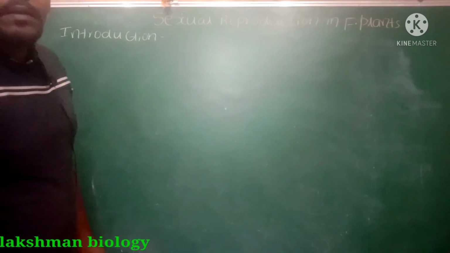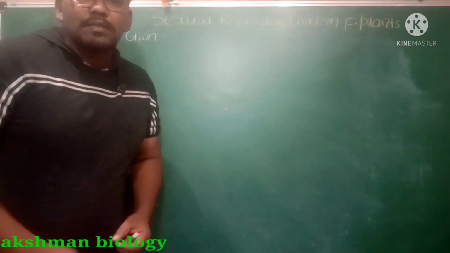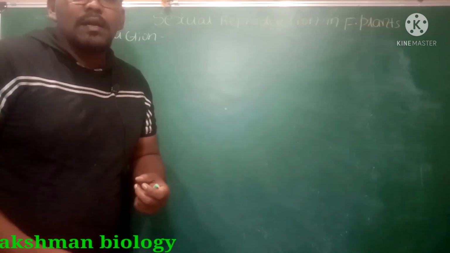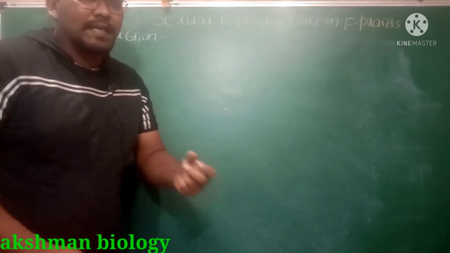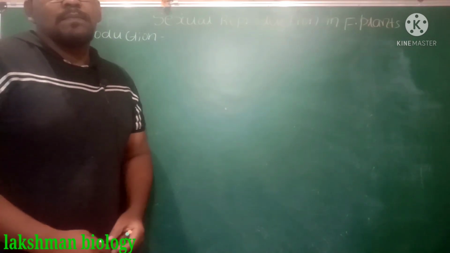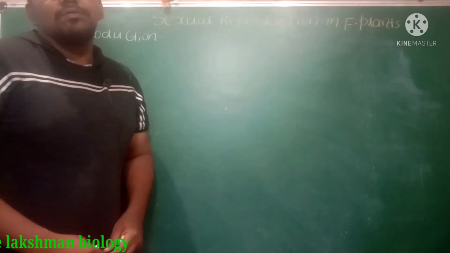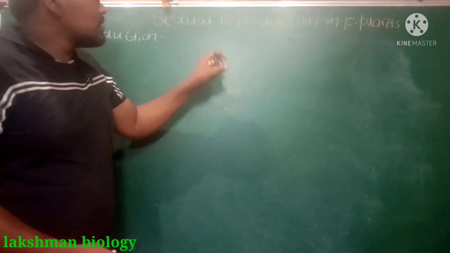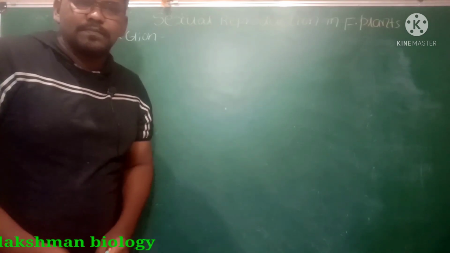See, reproduction is the process in which organisms give young ones of their kind. Means plants will give new plants and animals will give new animals by the process that is called reproduction.